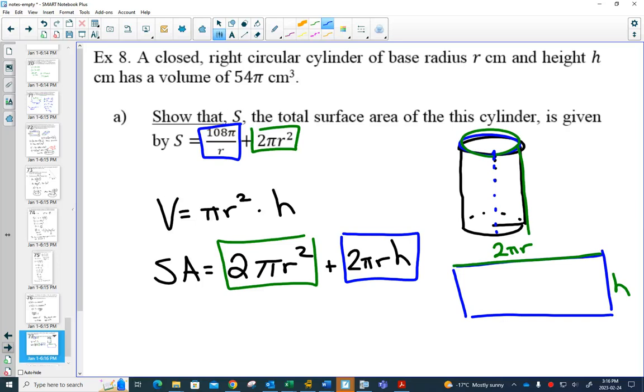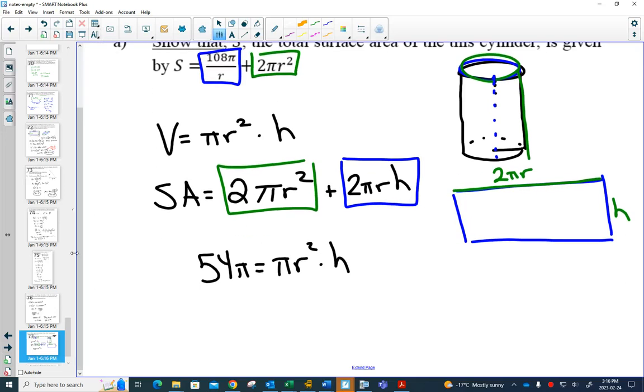Well, I know that the volume is 54 pi, and that the volume is pi r squared times h. So I can rearrange my volume formula, and those pi's will simplify nicely, so that h is equal to 54 over r squared.